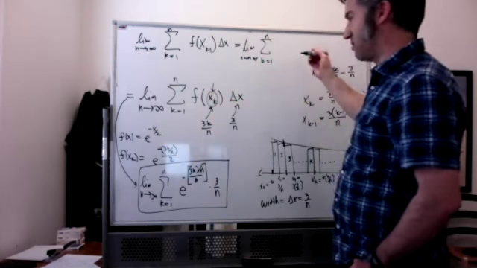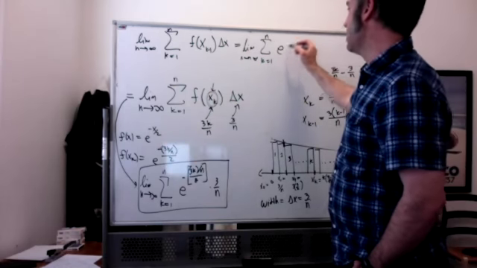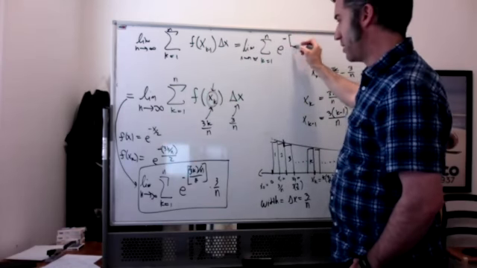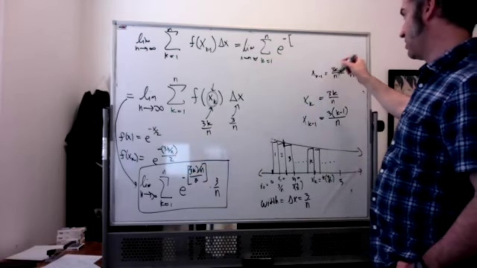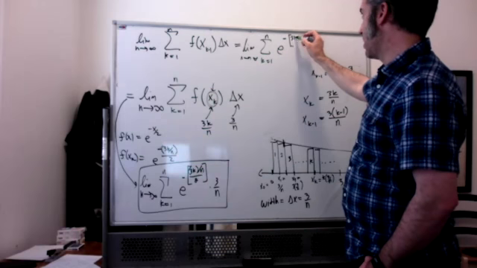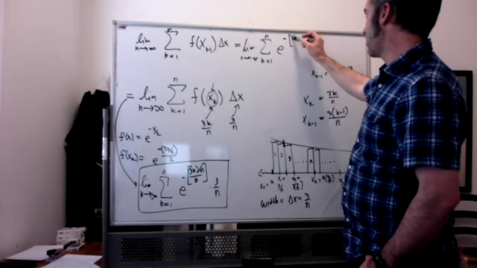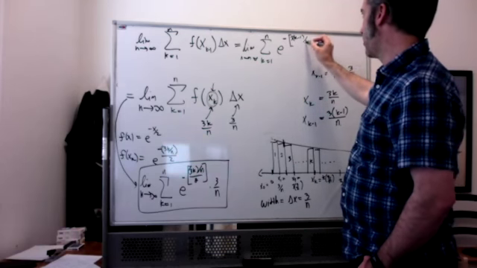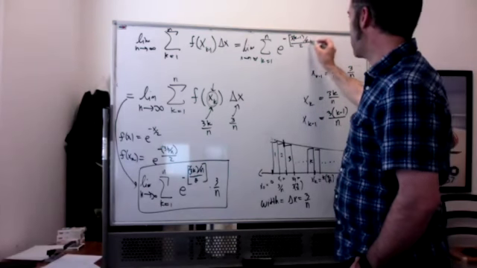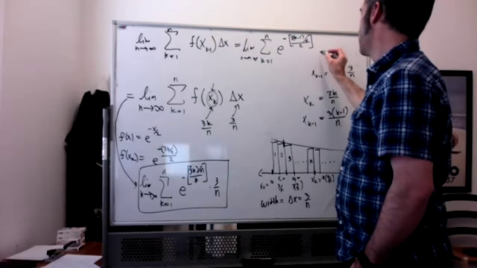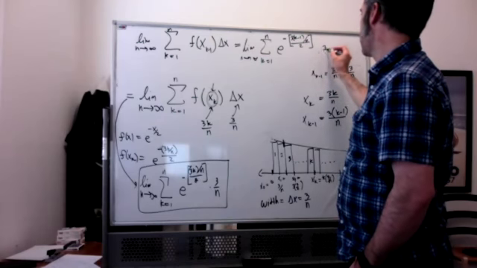So it's going to be kind of gross. It's going to be e to the negative x, which is your x sub k minus 1. So that's going to be 3 times k minus 1 over n, over 2, times 3 over n.